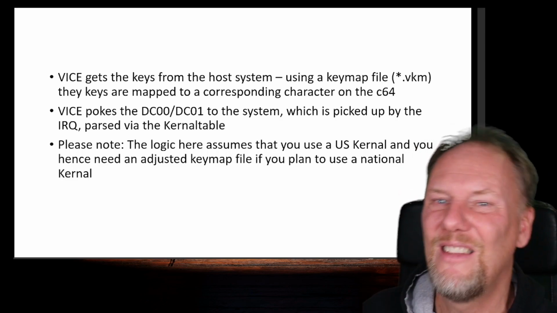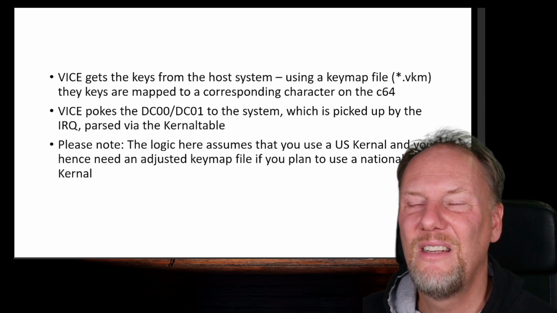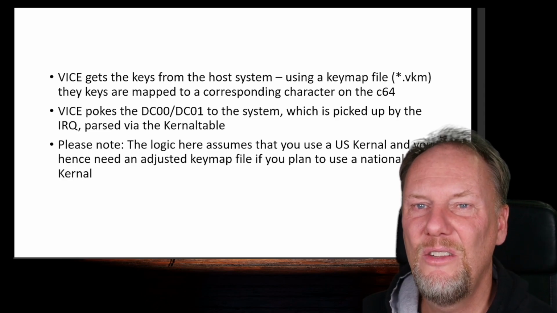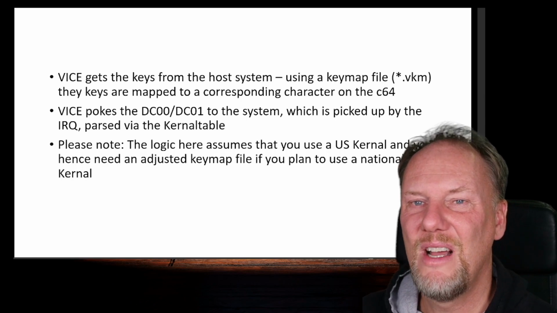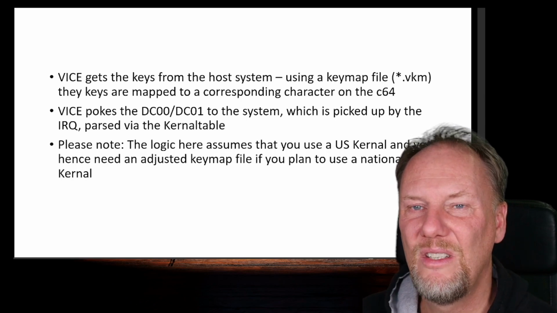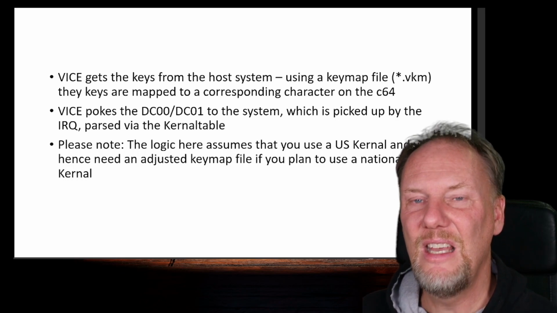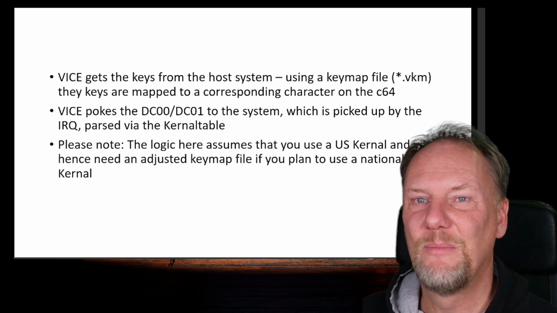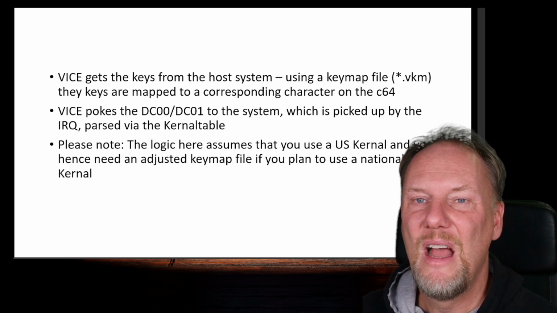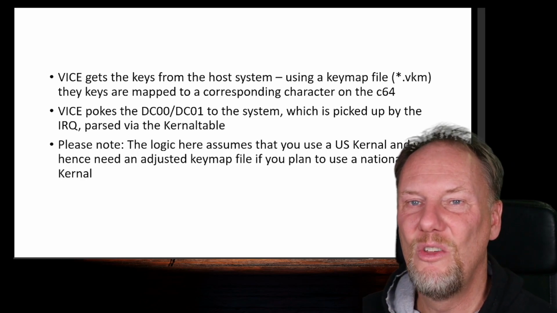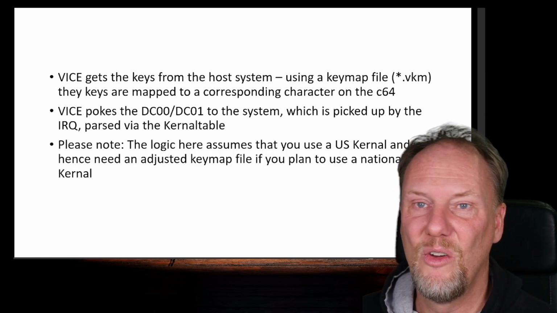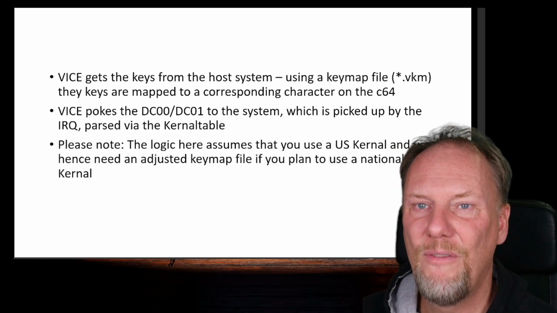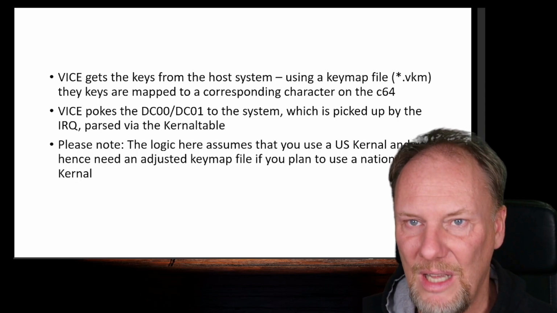It's not that difficult. Poke in DC00, read from DC01, and then use that to detect which of the options in the key map you have pressed. And the easy part here is that you store a 0 to all the addresses in DC00. And then if you read from DC01 and you get an FF, that means that no key has been pressed.